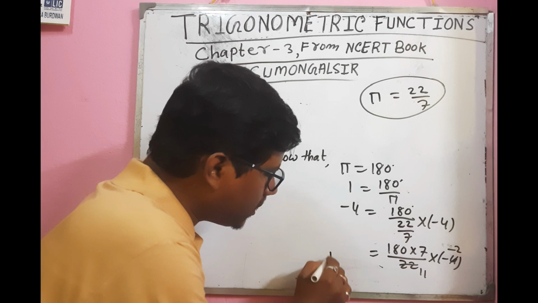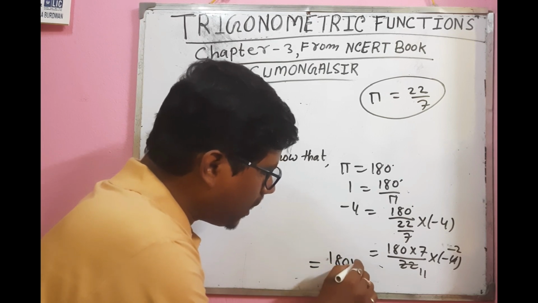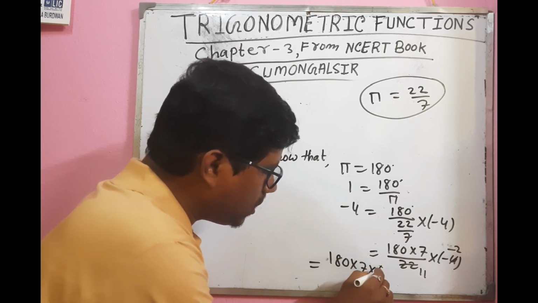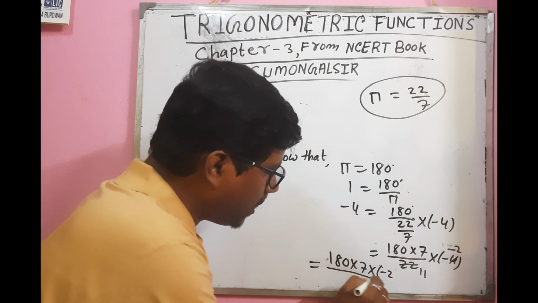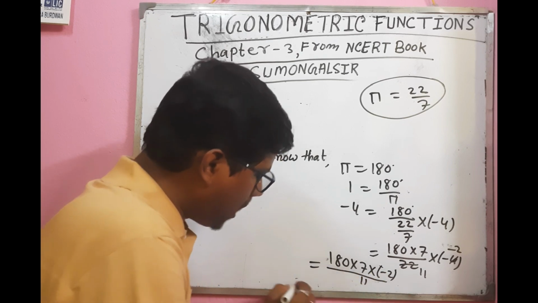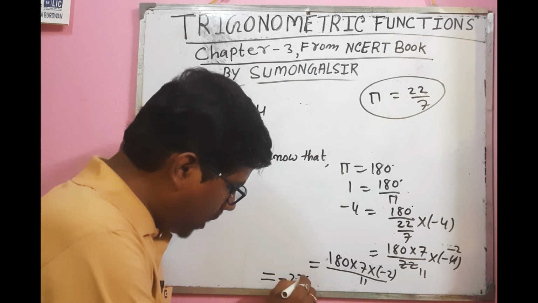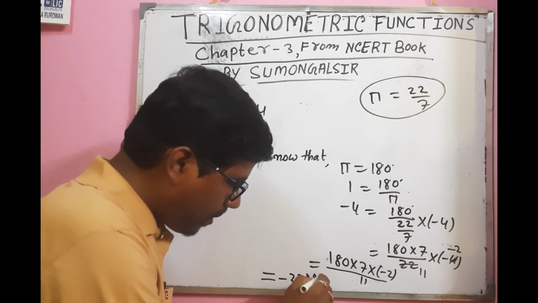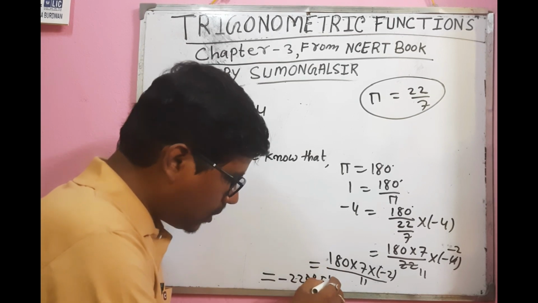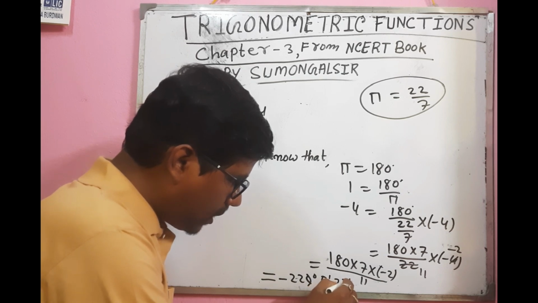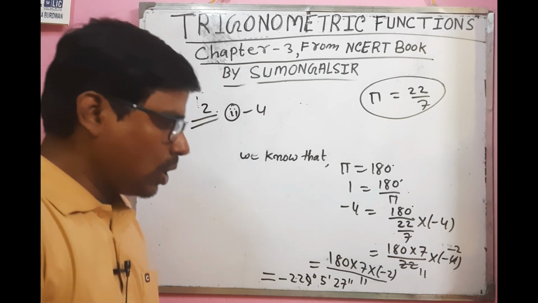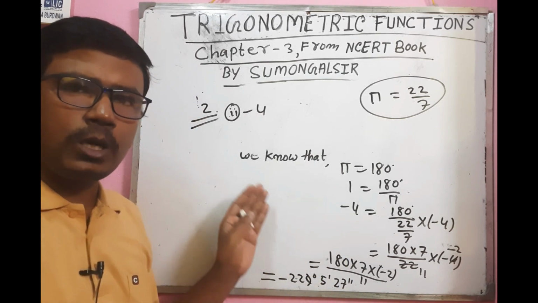So we get 180 multiplied by 7 multiplied by minus 2 divided by 11. After calculating, we get minus 229 degrees 5 minutes 27 seconds. So this is the completion of the second.